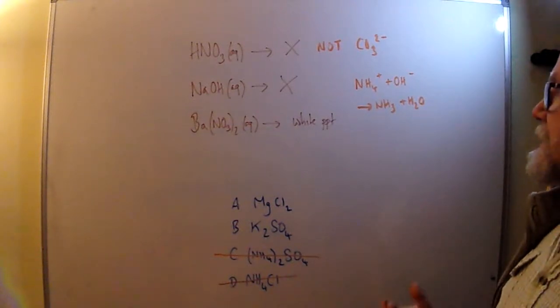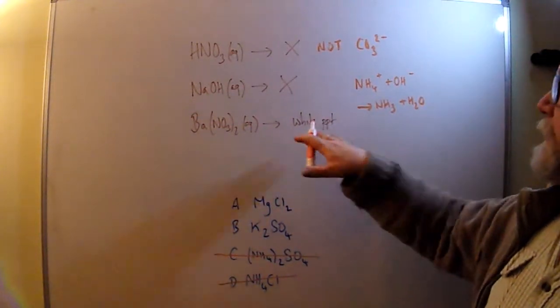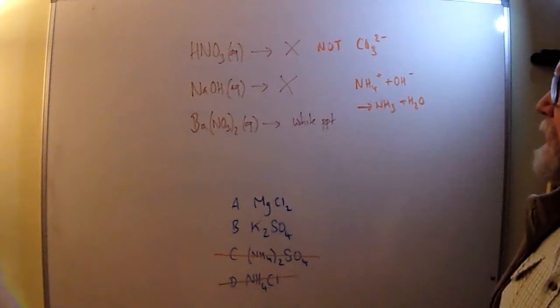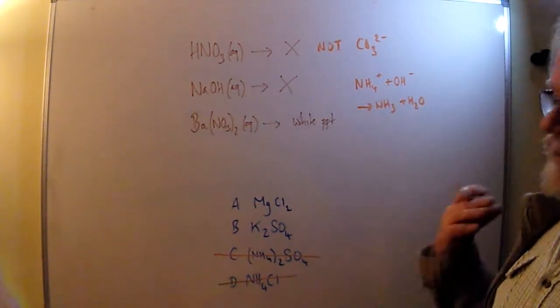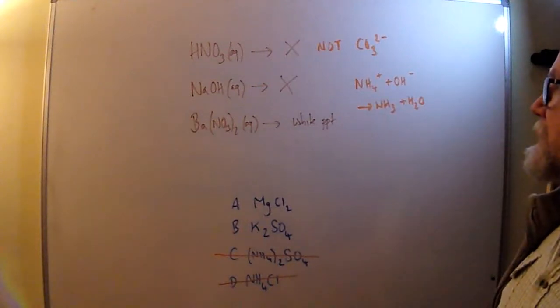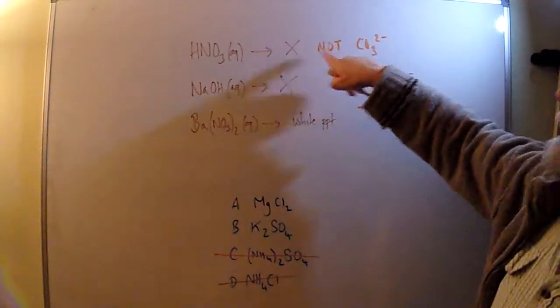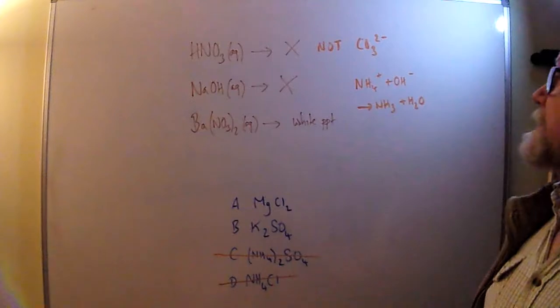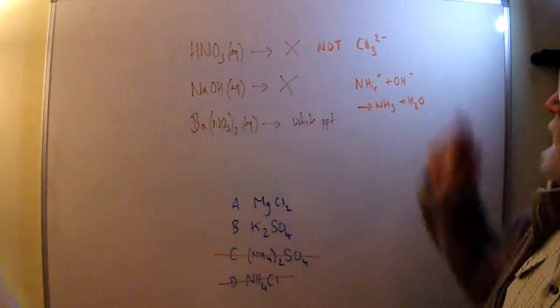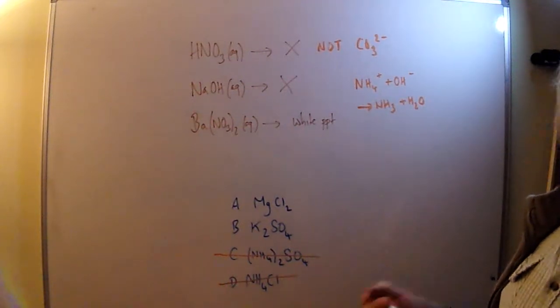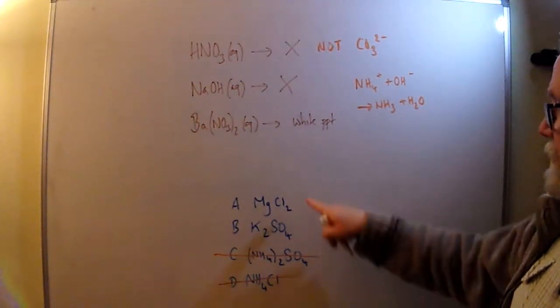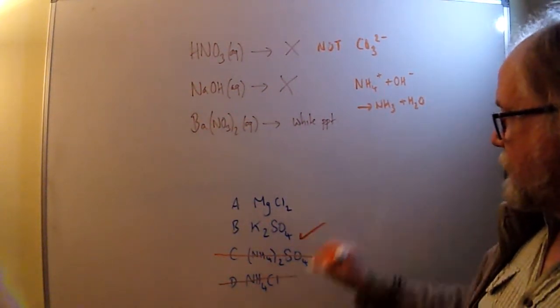So the one positive thing that it does do is it tells us that we get a white precipitate with barium nitrate. Now that could have been a carbonate because barium carbonate is insoluble, but we've excluded that. That's why we always do the acid test first to say, well, is it a carbonate or not? No, it isn't. So if it's not a carbonate but it does give a precipitate, it means it's a sulfate. So looking at these two, it's got to be that one.